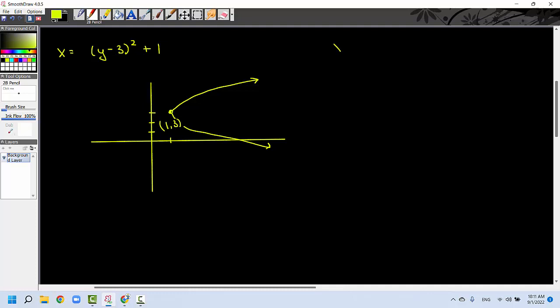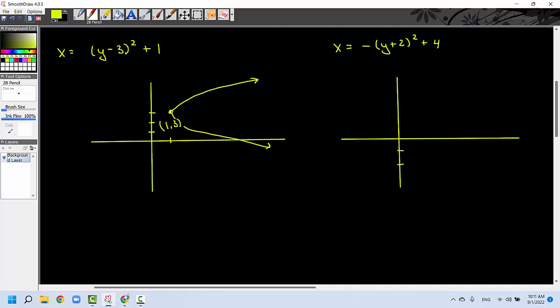And then we'll do one more, where it's going to be x equals, say, negative (y plus 2) squared plus 4. Okay, so let's see what this thing is going to do. From here, again, the plus 2, what's that going to do? It's going to shift me down by 2.